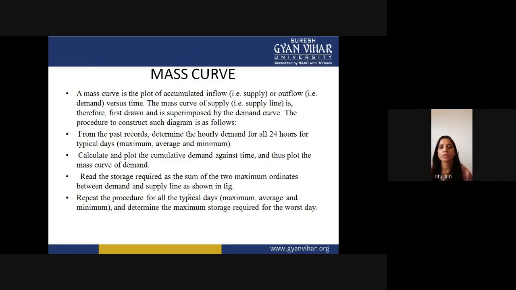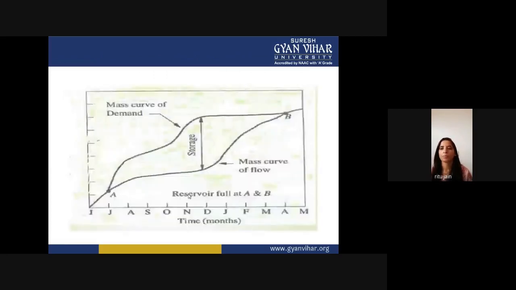Now read the storage requirement as the sum of the two maximum ordinates between demand and supply. Then repeat the procedure for all the typical days, maximum, average, and minimum, and determine the maximum storage required for the worst day. So this is your mass curve.